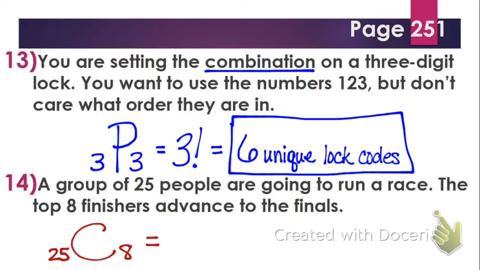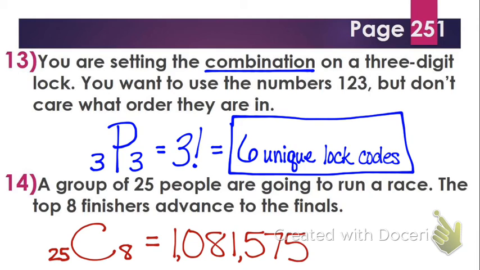Can you guys give me the first number that showed up on your screen? Yep. So I got 1, 0. What's the next digit? 8, 1, 5, 7, 5. Yes. There are more than 1 million different ways that this could turn out. Just setting up these 2 groups. You move on, you don't move on. All right.